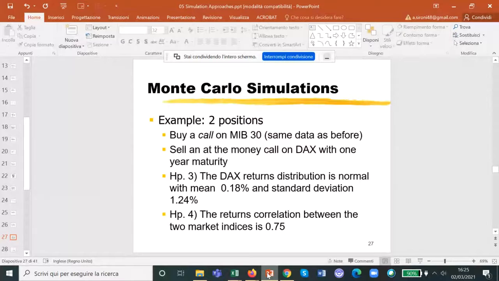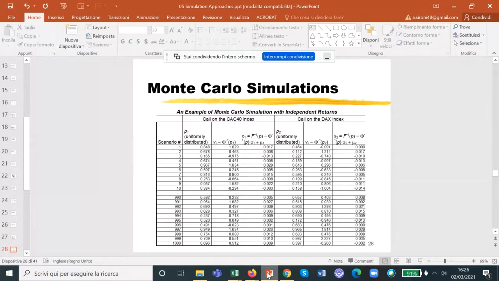And this here is actually shown with an example with two positions, a call option long on the Italian stock market and a call option short, the sale of a call option, on the German market. Okay, again, assumptions about returns and volatilities, and the assumption is that of a positive correlation of 0.75.